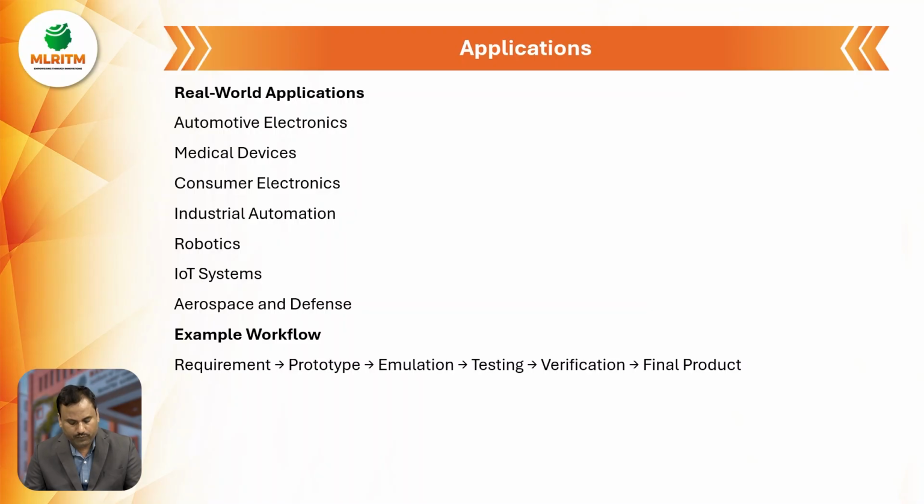So the example workflow: first requirement, we see what is the application we want to design, and then we go for prototype. Then we see emulation. Emulation means required software or customized processor architectures with the help of different development codes. And then we see testing, then verification, then we go for the final product.